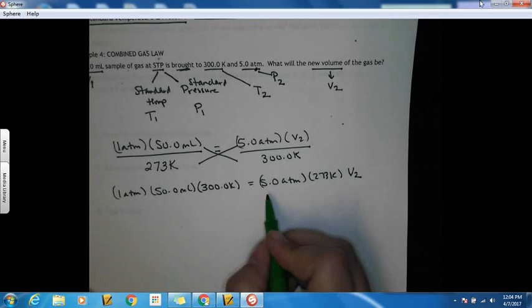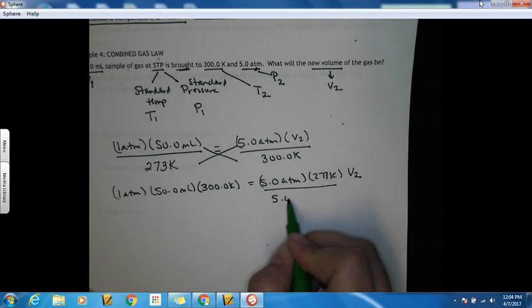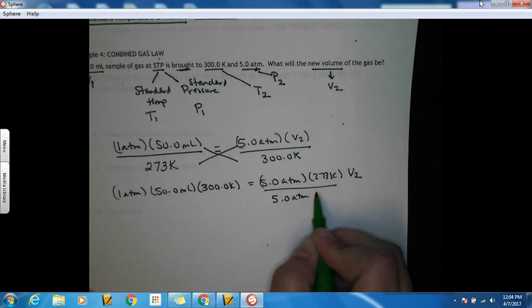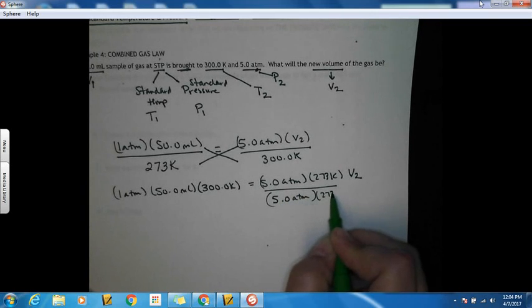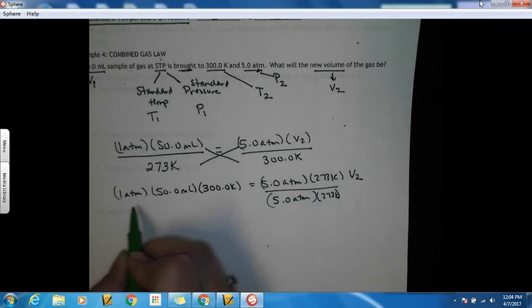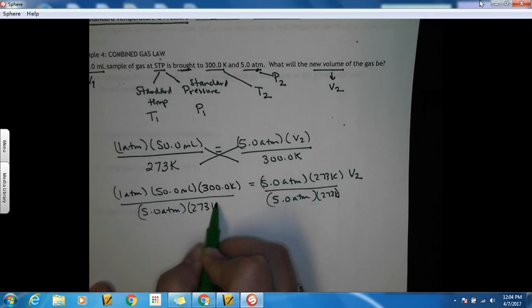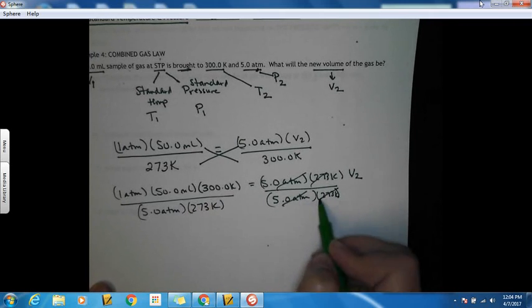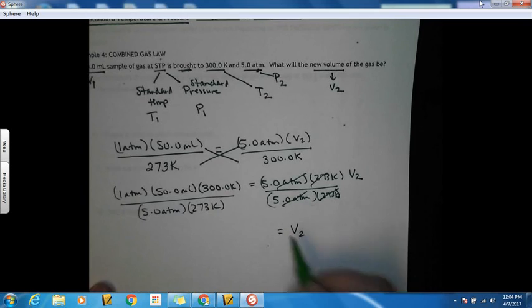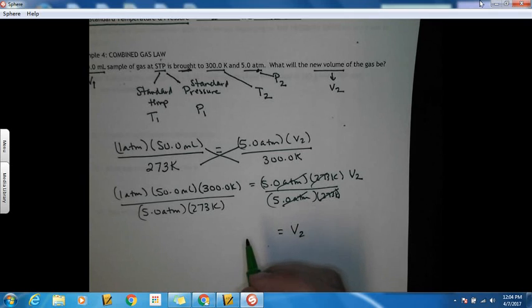And so we'll divide by these, 5 atm times 273 Kelvin on both sides. Okay, and so V2 will end up being 1 times 50 times 300 divided by 5 divided by 273.